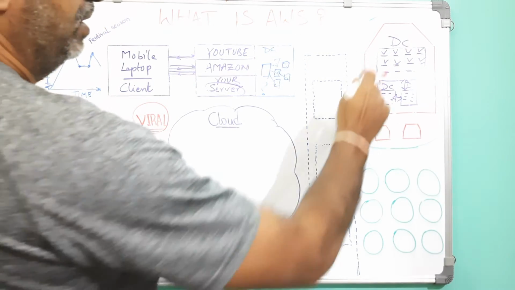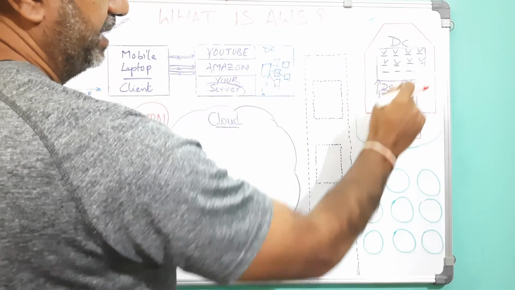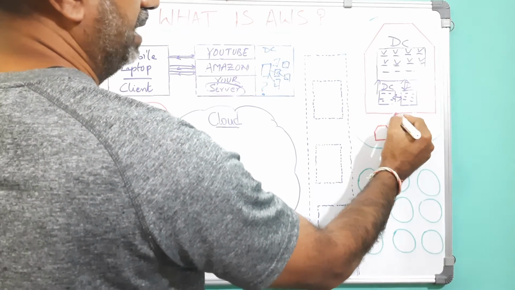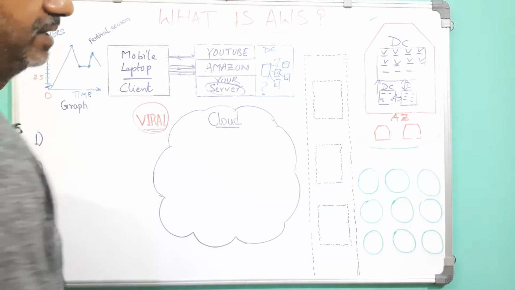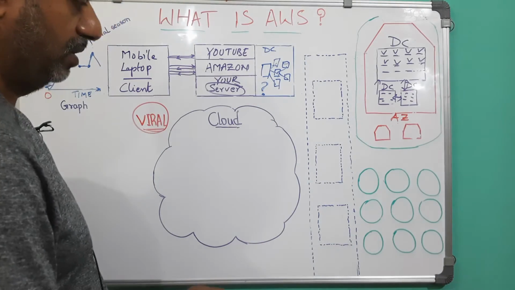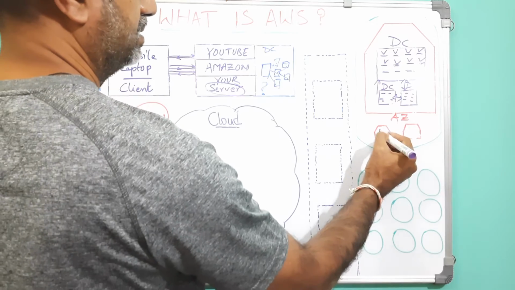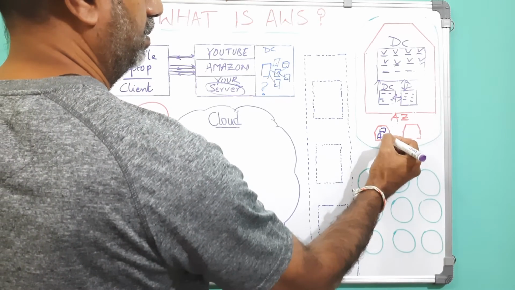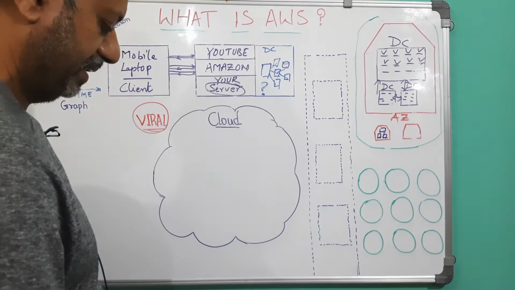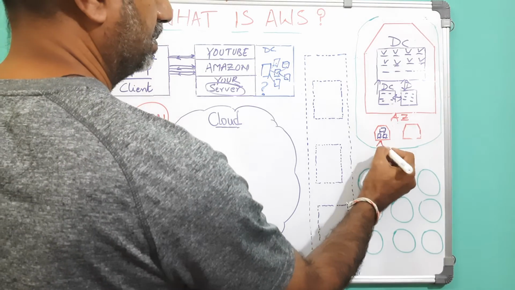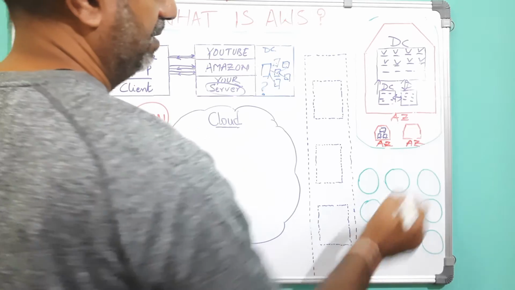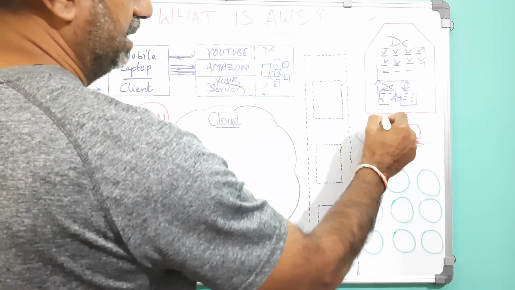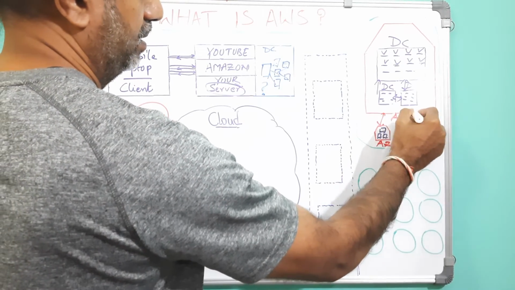And all these data centers, when they are connected, they call this an availability zone. Okay. And similarly, they have a lot more data centers which are clubbed into another availability zone, and one more availability zone. So these are all interconnected.